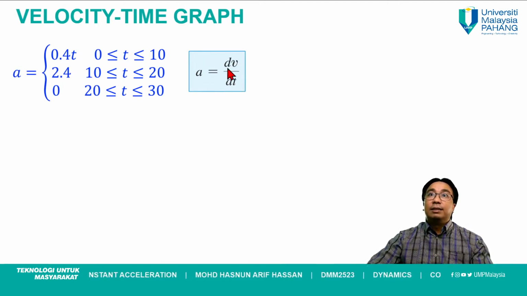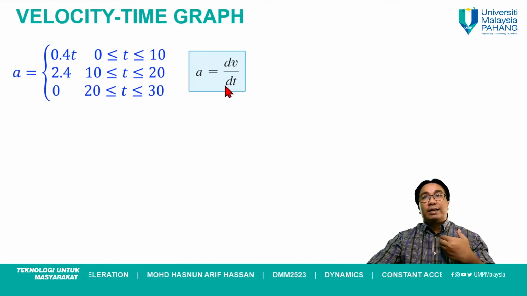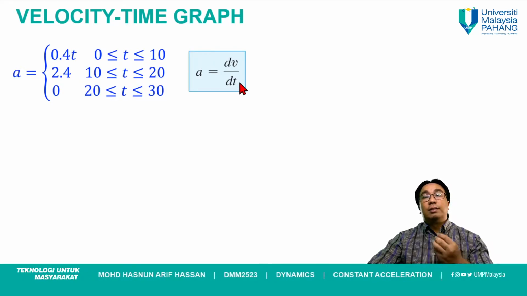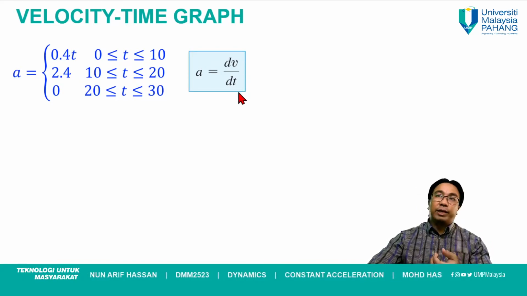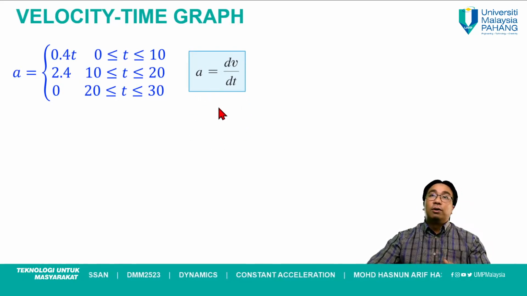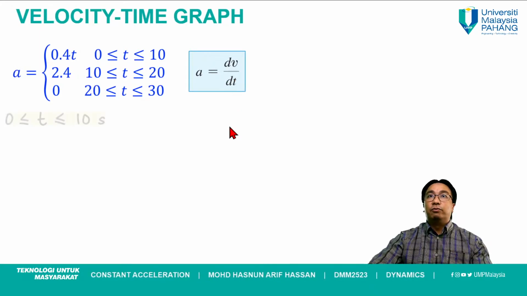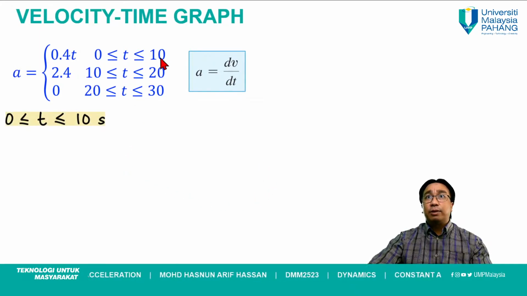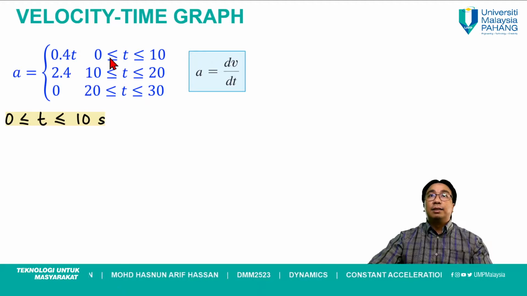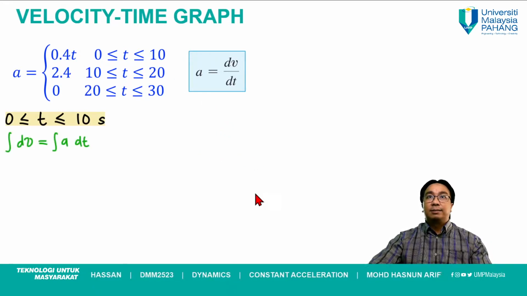Di sini is how we can get the velocity punya equation so that later we can use the equation to draw the graph. So based on this relationship, A equals to dv over dt, let's look at the first phase. T equals to 0 until T equals to 10 seconds.